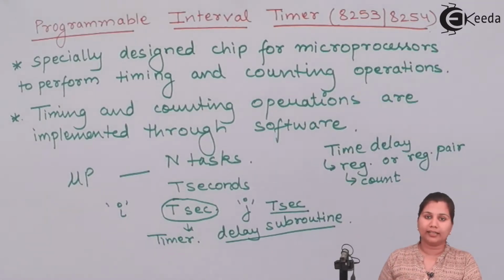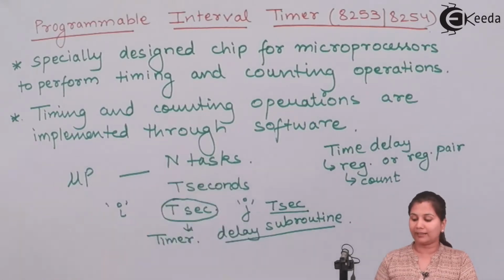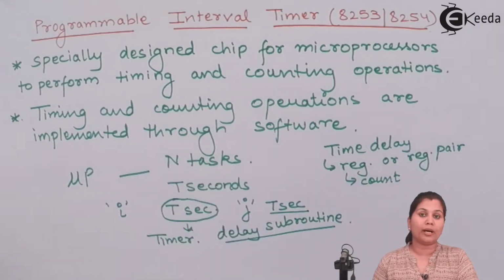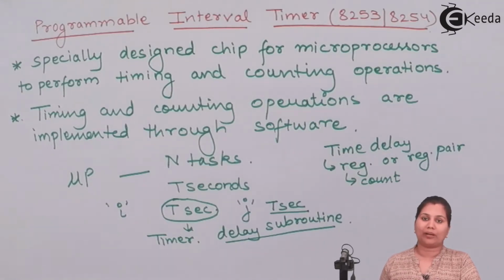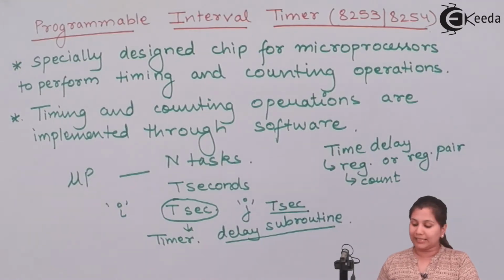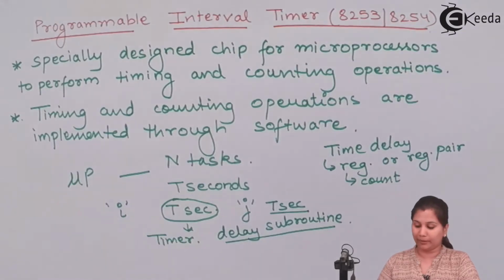The task of providing the time delay of t seconds will be done by the external timer. So that is the need of an external timer, and that is why the 8253 or 8254 programmable interval timer was developed for use by the microprocessors to perform the timing and the counting operations. 8253 is the lower version, and 8254 is the higher version of the programmable interval timer.